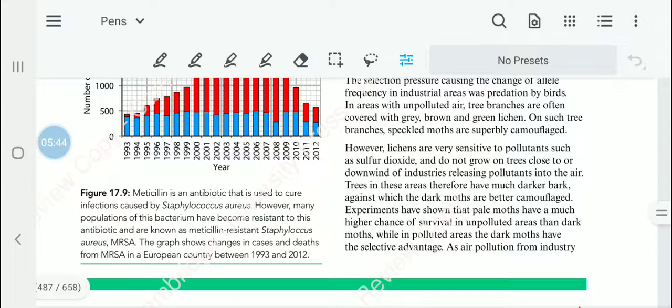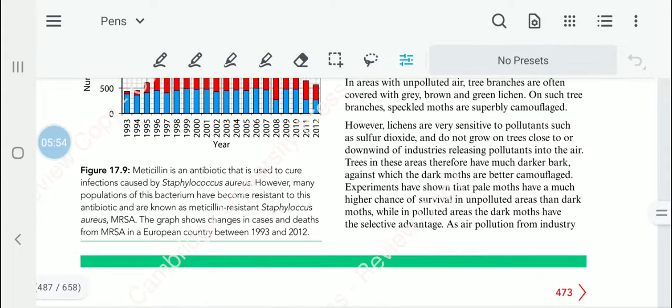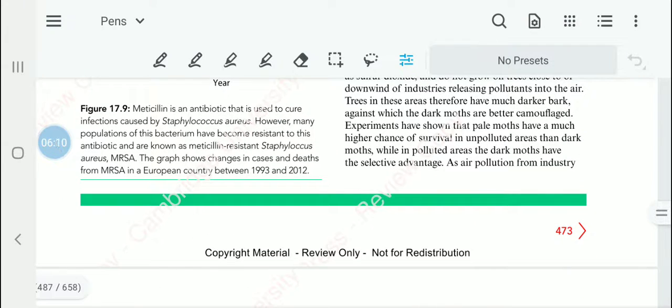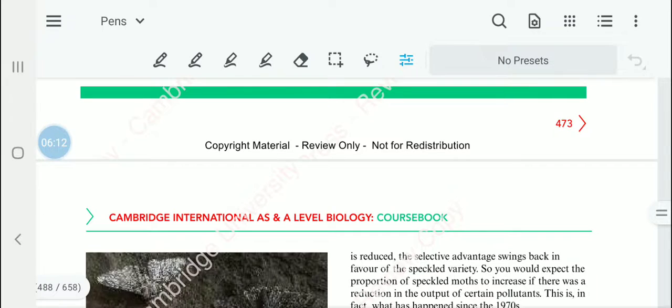When there is unpolluted air, tree branches will usually get covered with gray, brown, and green lichen. But in other areas, because of the pollutants, the lichens do not grow on trees, resulting in darker bark. So to get camouflage under these conditions, they needed that dark color.